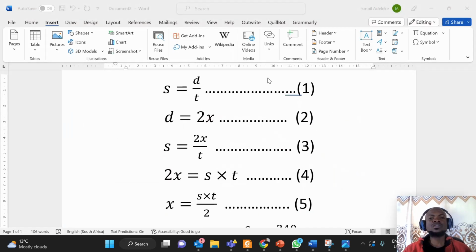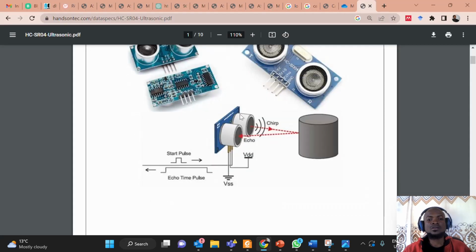So we know that the sound is transmitted in an open space. So that means the speed is the velocity of sound in air, and we know that speed is distance divided by time. So mathematically, if you look at this, the distance between the sensor and the obstacle, if it is x, that means the sound will travel a distance of 2x.